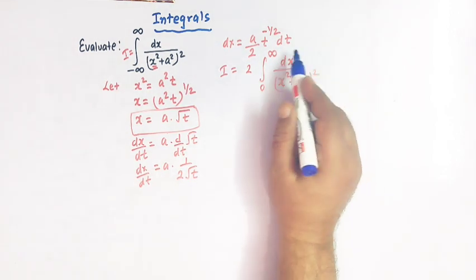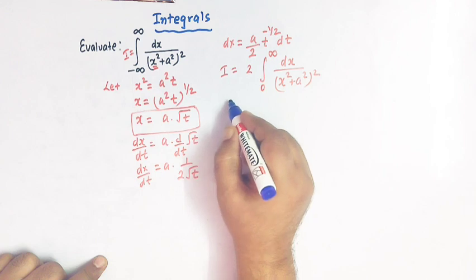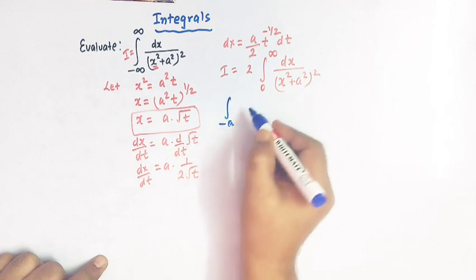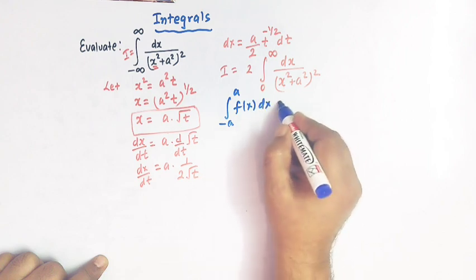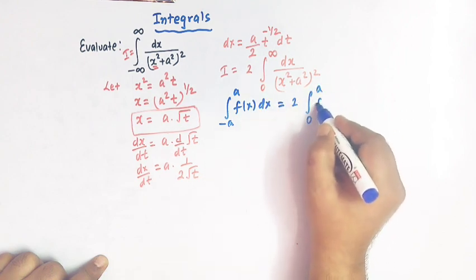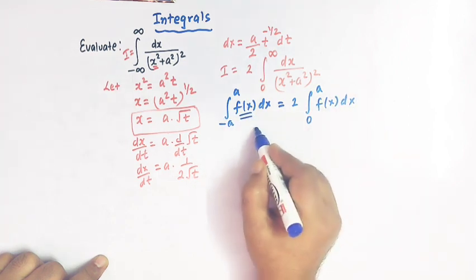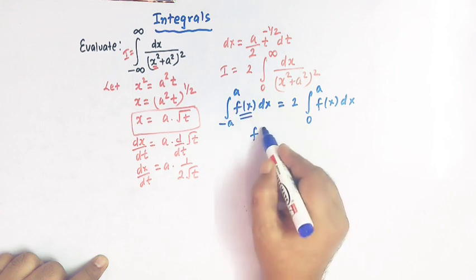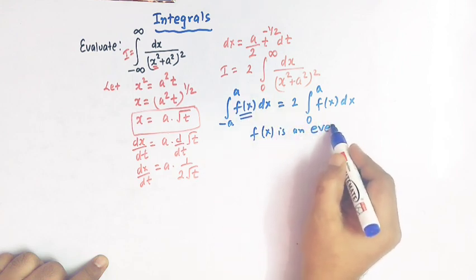Here we have applied an important property of definite integrals, which says that the integral from minus a to a of f of x dx is equal to 2 times the integral from 0 to a of f of x dx, provided this integrand f of x is an even function.